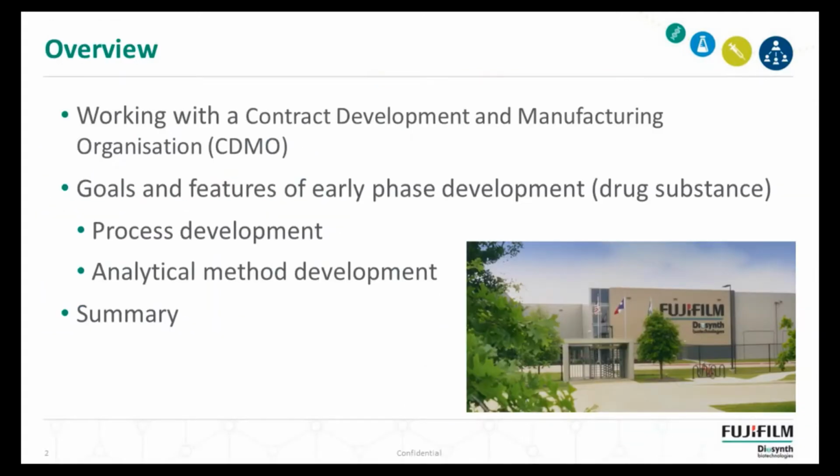So I'm just going to move to the first slide. The slide pack is a mixture of non-technical and a few technical slides. I'm going to start off with a gentle introduction, just overviewing the presentation. So we're going to cover general aspects of working with a CDMO, a contract development and manufacturing organization.